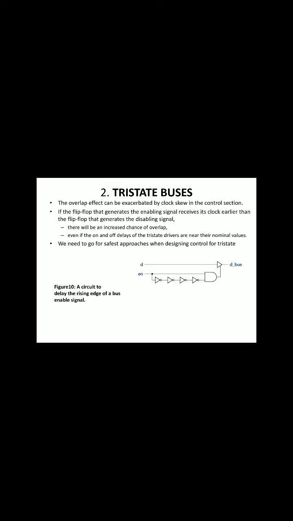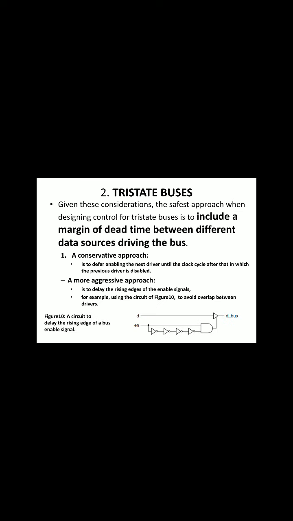There are two approaches: the conservative approach and the moderate approach. We shall see what they are. When this type of skew occurs, the same control signal is occurring at two different time units, which means there is no synchronization.